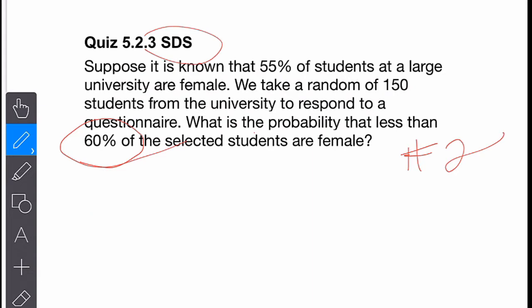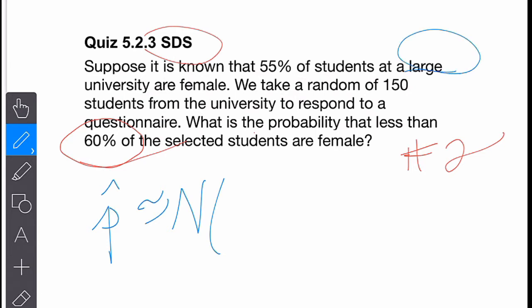So formula 2 says that p hat from the theory is approximately normally distributed provided the population is large, which they said here, and that we have the assumptions that it's an approximation as long as this is true, right? This is on your formula sheet. That's 1 minus. So messy. I gotta do it again.